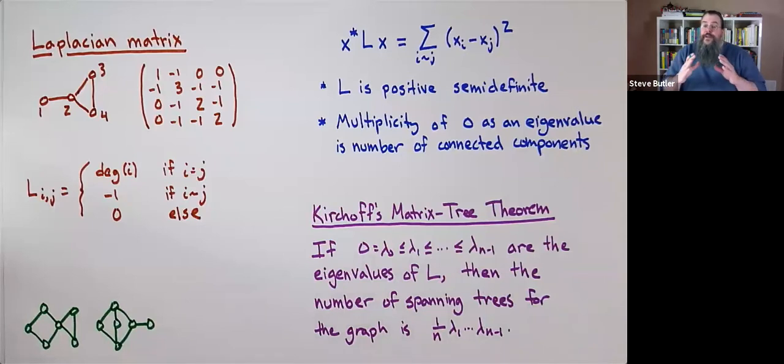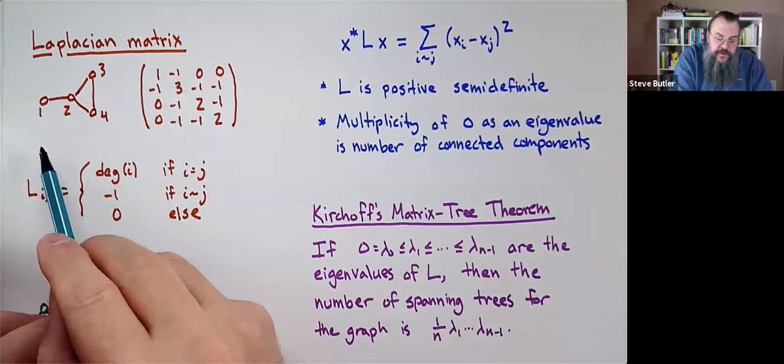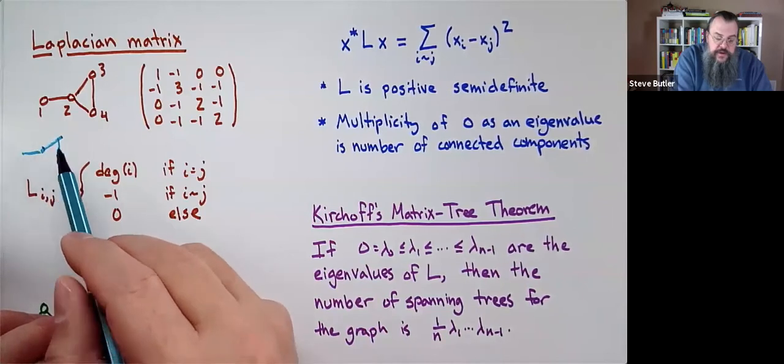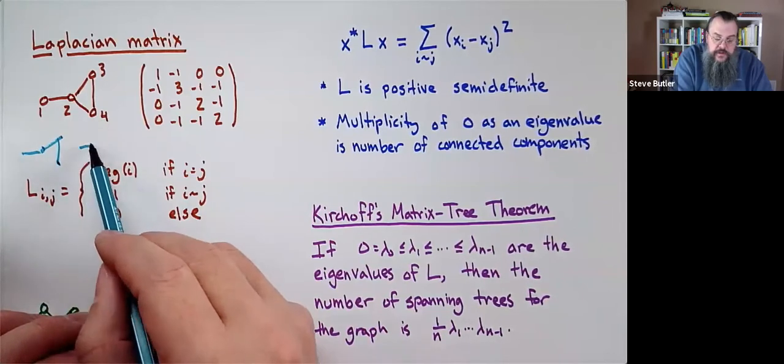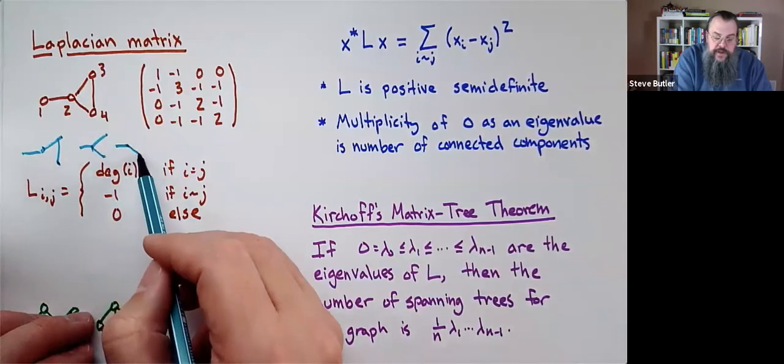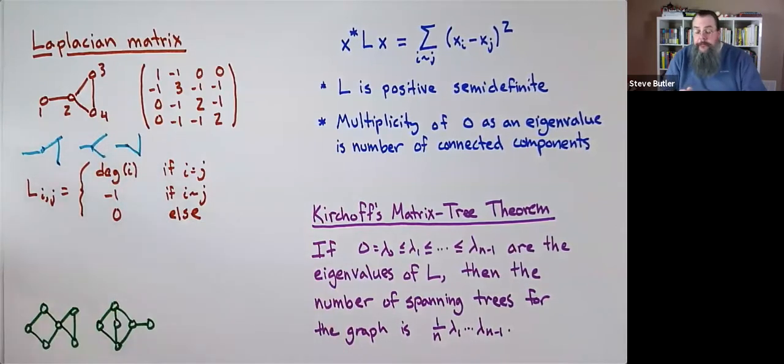So in other words, you throw out that first eigenvalue, which you know is 0, multiply the rest of them together, divide by n, there you go. That's the number of spanning trees. So for instance, up here, for this graph, it's not so hard to check that the number of spanning trees is going to be 3, because there's 3 possible spanning trees. It looks something like that.